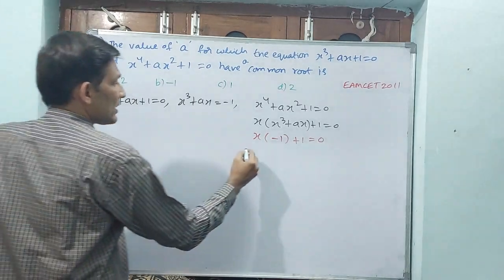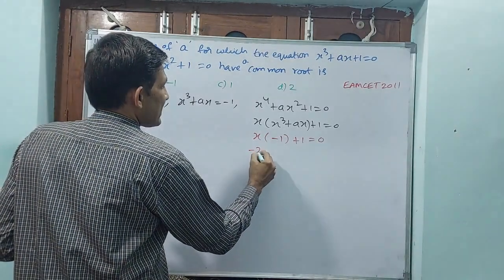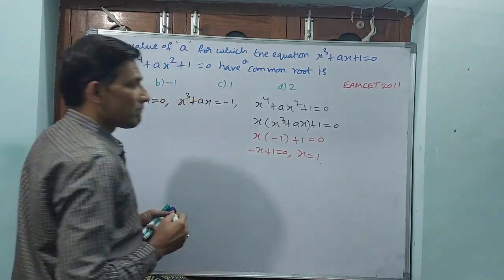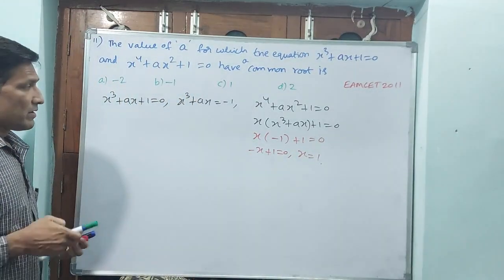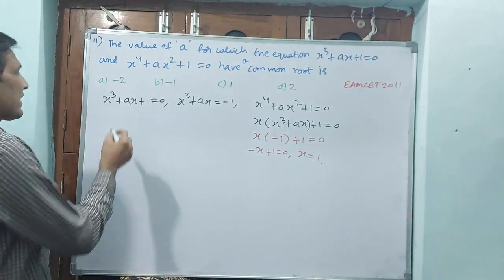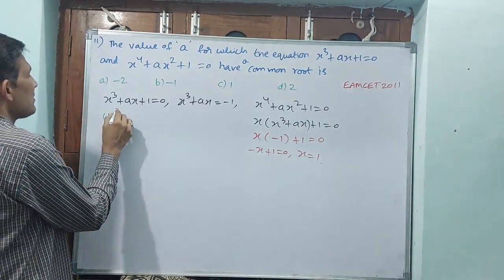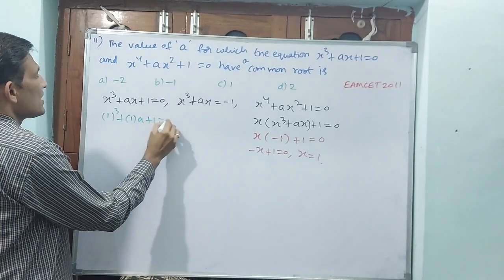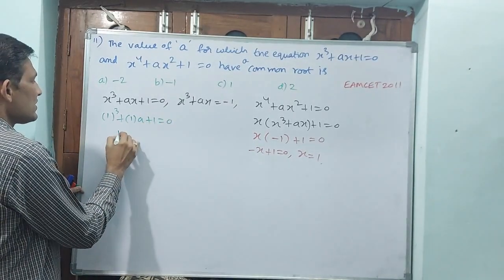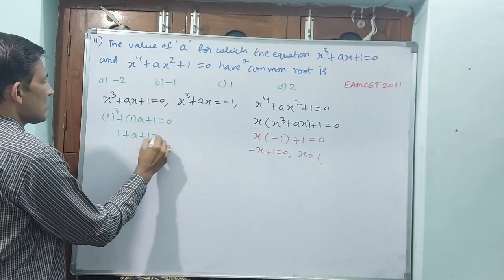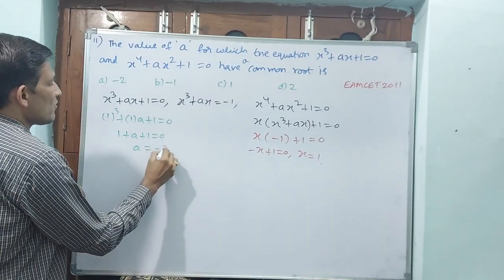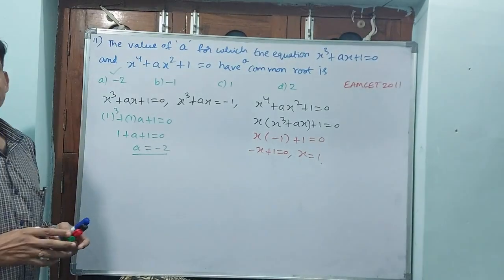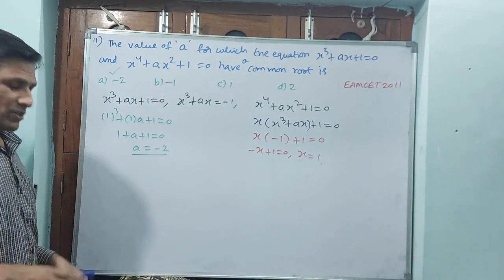That means minus x plus 1 equal to 0, or else x is equal to 1. Whenever x is equal to 1, you come back again here: 1 cube plus a into 1 plus 1 equal to 0. That means 1 plus a plus 1 equal to 0, so a is equal to minus 2. Understand? Let us go for the next question.